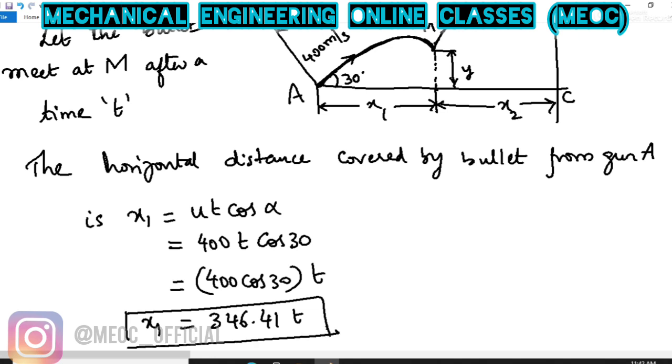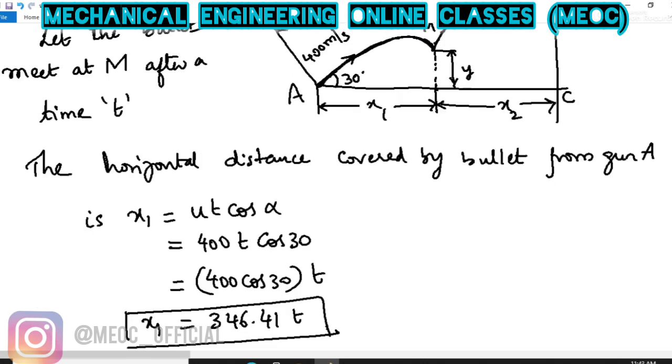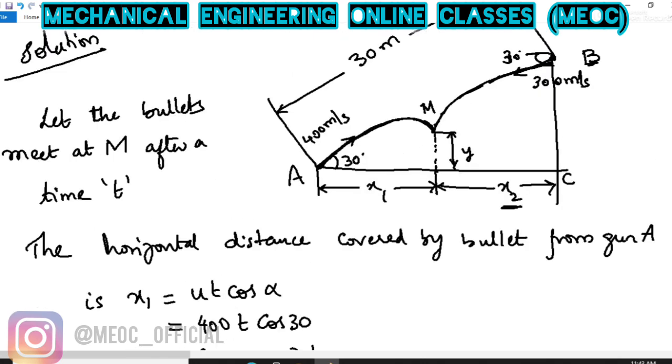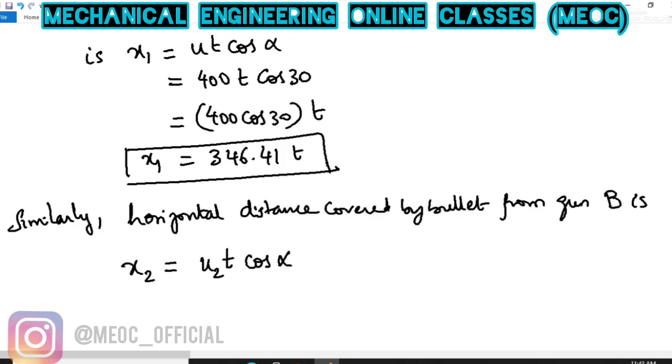So similarly, let us find the horizontal distance that is covered by the bullet from gun B. So that we have named as x2. So x2 is equal to u2 t cos alpha. I am using the same alpha.